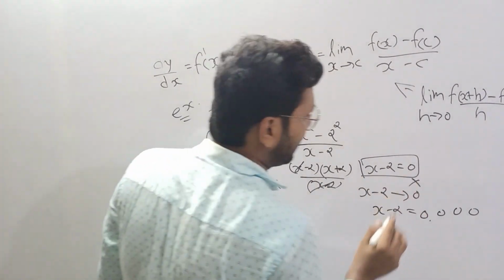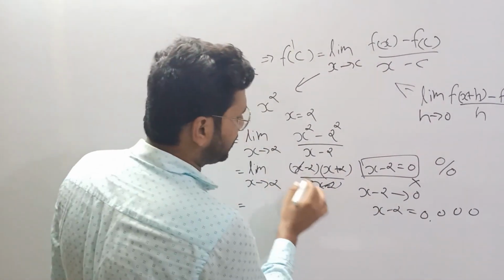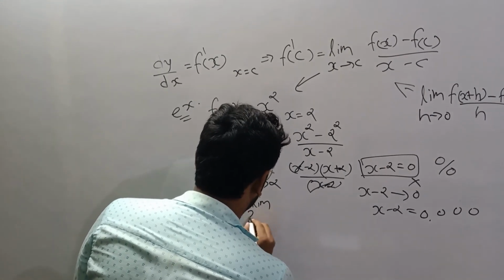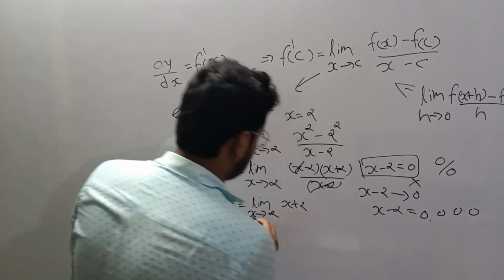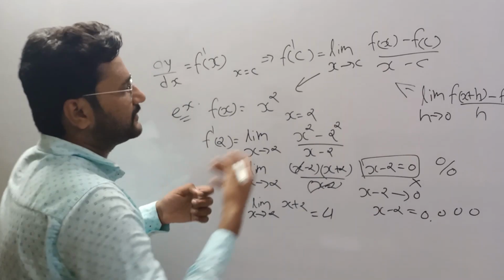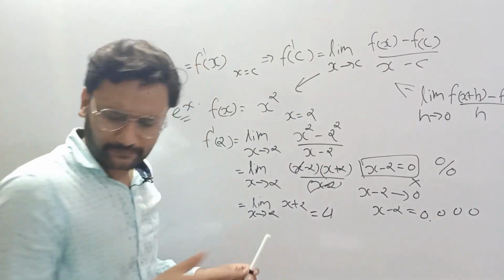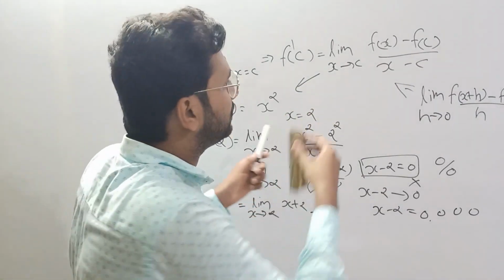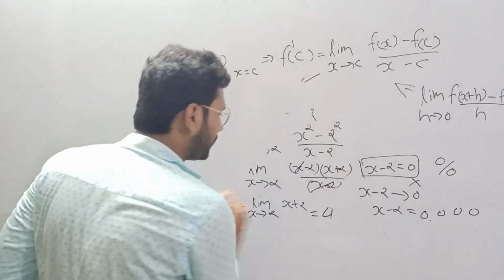As you all know, we can't cancel 0 by 0, and this is not the case of 0 by 0. So limit x tends to 2 of x plus 2. If we put the limit of x, it will become 4. So this is how we will use the general formula for derivative. But there are less chances of this type of question being asked in your exams. So we will move on further.